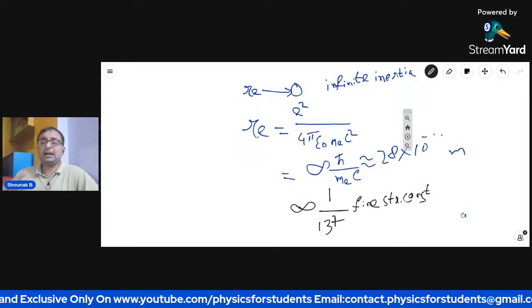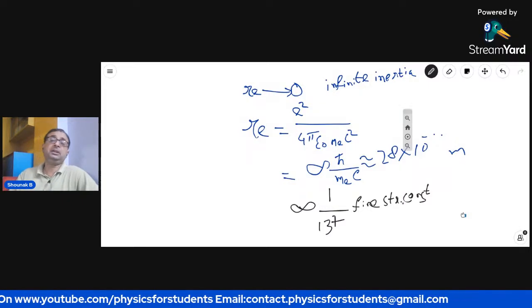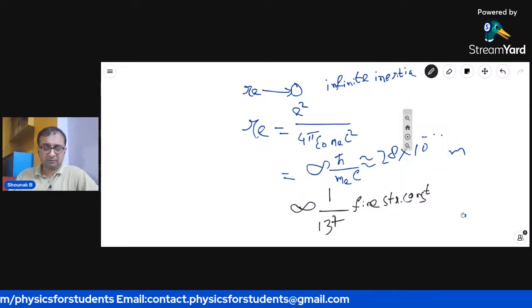And the h bar over m_e c would basically be the reduced Compton wavelength, right?